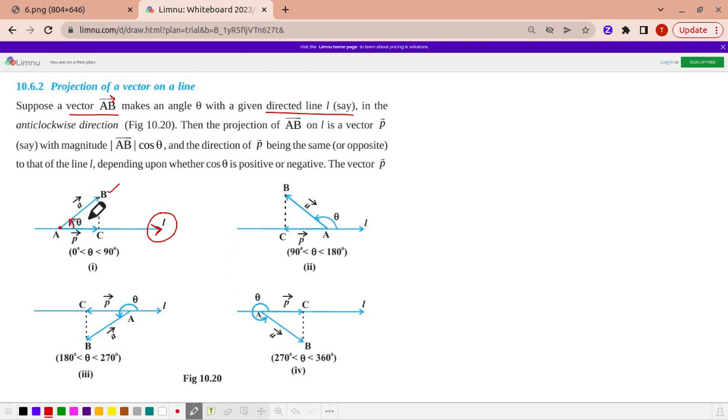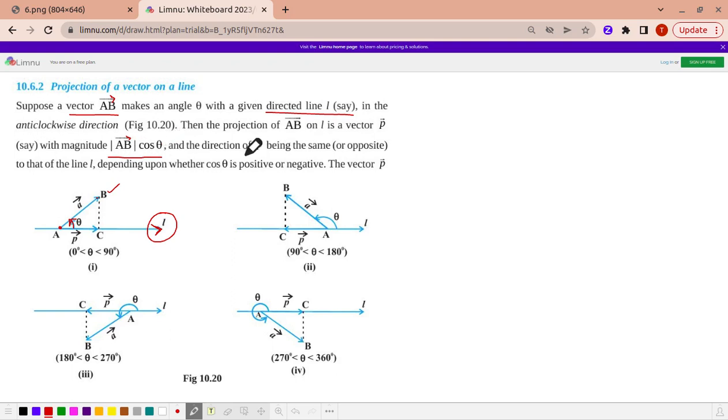And what we are going to see, dear students, is that the projection of the vector AB on L is a vector P. So as it is a vector P, it has both magnitude and direction. Its magnitude is mod AB cos theta. And what is the direction?